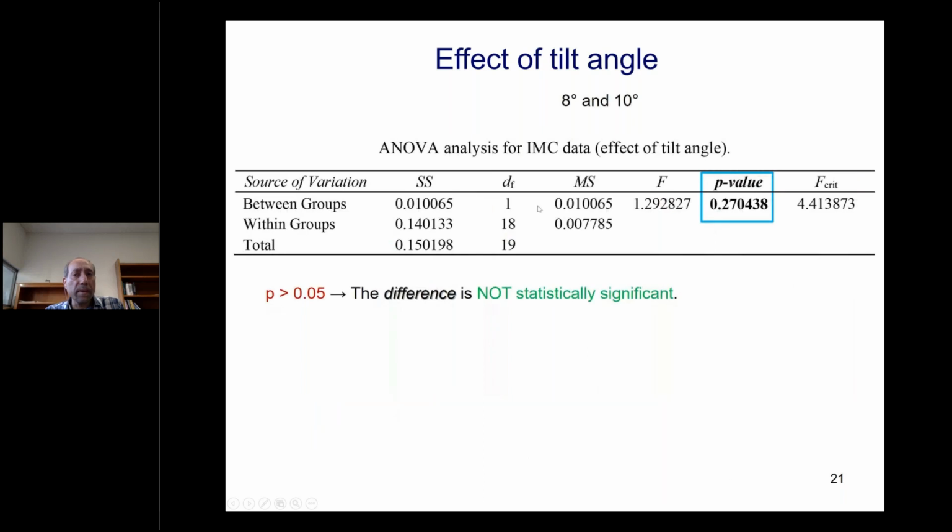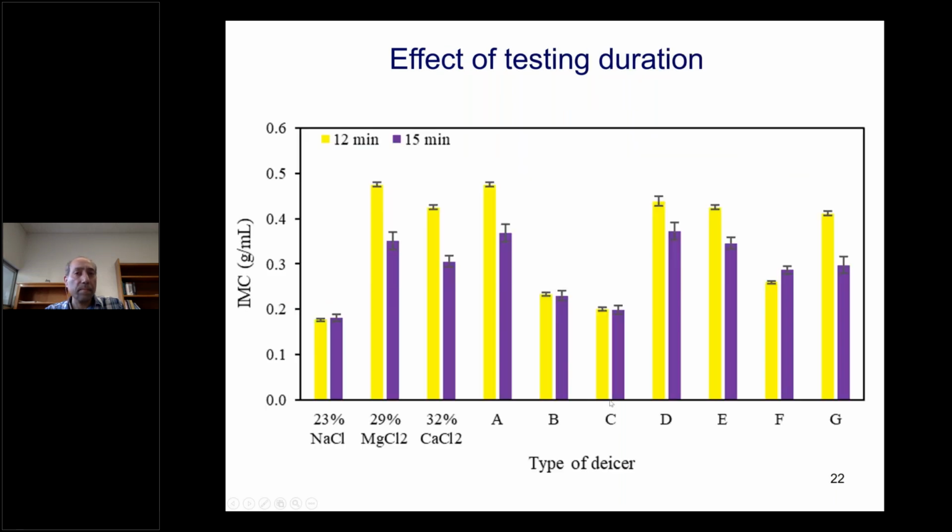So again, we use ANOVA analysis to get the p-value. Here again, p-value is 0.27, which is more than 0.05. As a result, changing the tilt angle from 10 to 8 doesn't have any significant effect on the results.